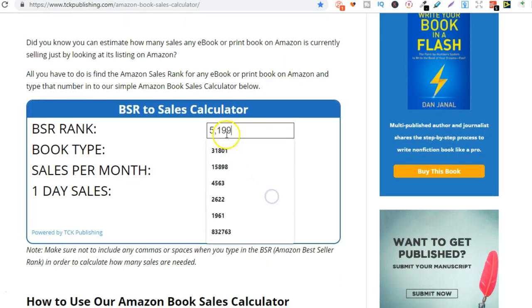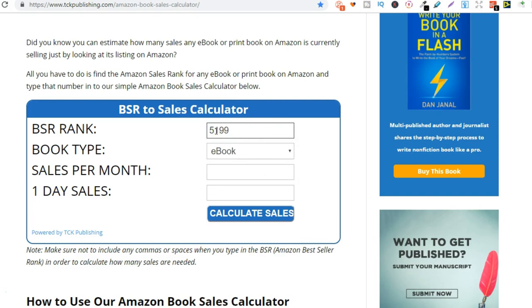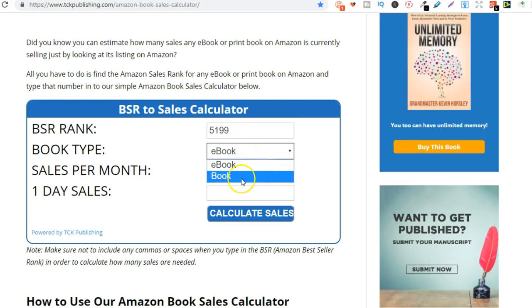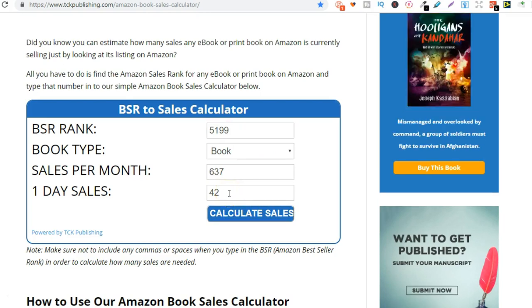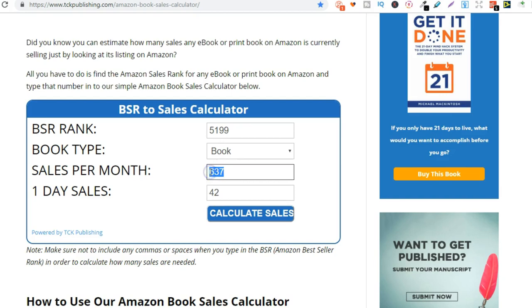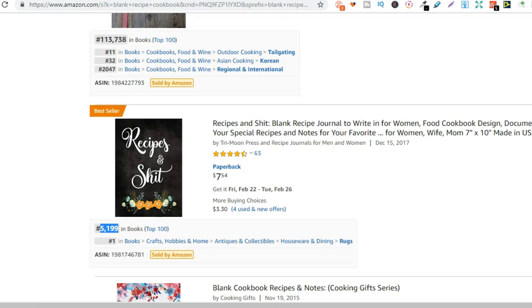Let's take out that comma, go to book and press calculate. On average, I say on average because this isn't spot on, they're selling 42 units a day, 637 a month. So they're selling a lot of units of this low content book.